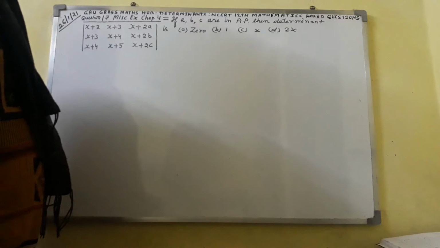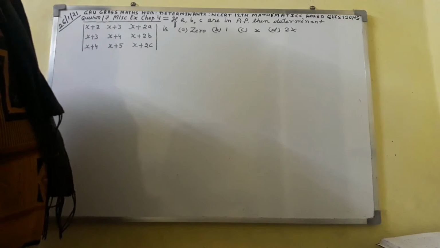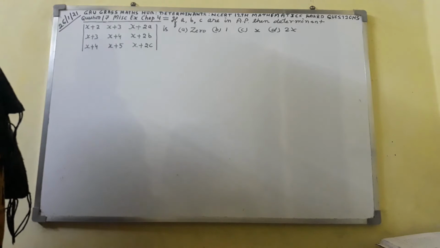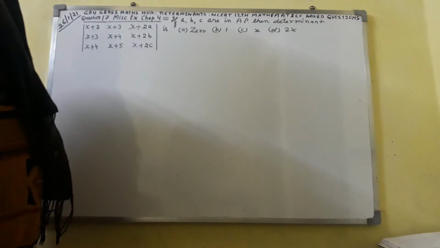If a, b, c are in arithmetic progression, then the determinant with elements of first row x+2, x+3, x+2a, second row x+3, x+4, x+2b, and third row x+4, x+5, x+2c is here.